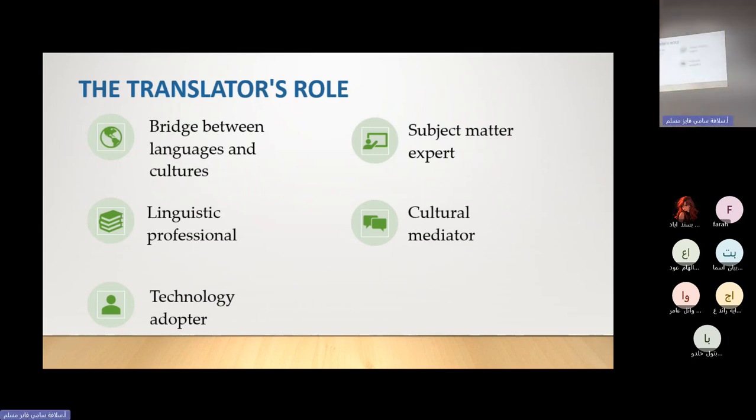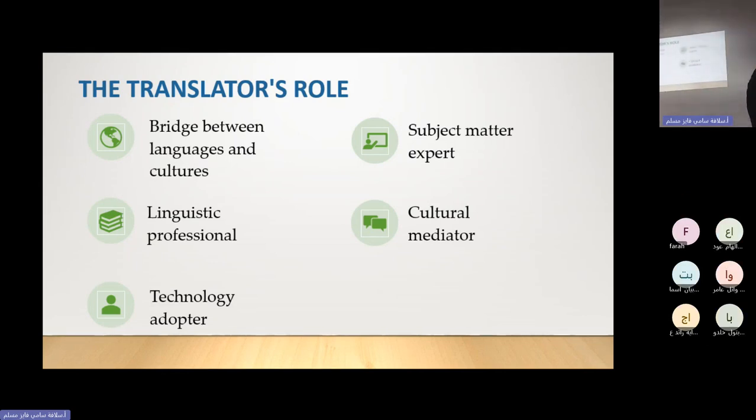As translators, what's your role? Bridge between languages. Why? Because we translate from one language into another, so we bring two languages together.